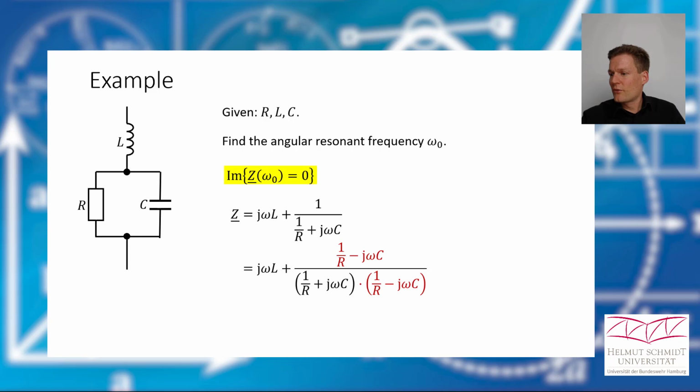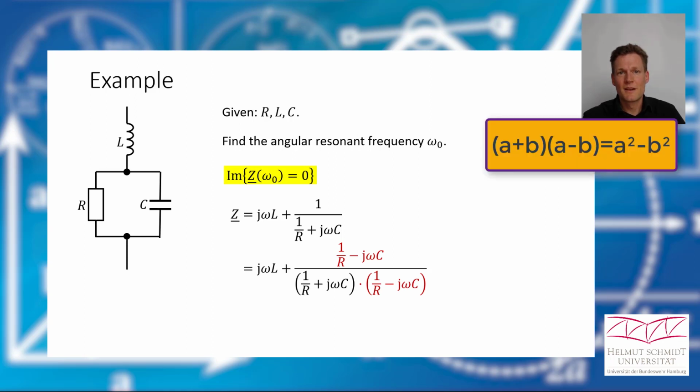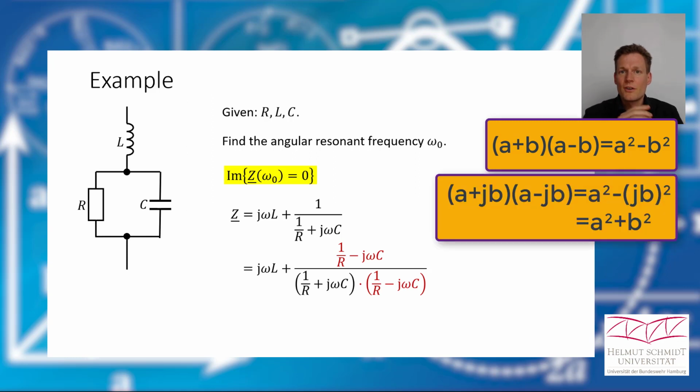Okay, so we have a new numerator, which is a complex number, and we have a denominator, and it looks like this. And now remember the third binomial equation: a plus b times a minus b equals a square minus b square. And here in our case, the result will be 1 divided by R square minus (j omega C) square.